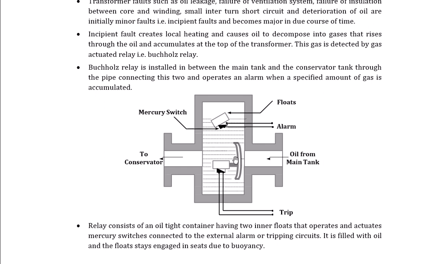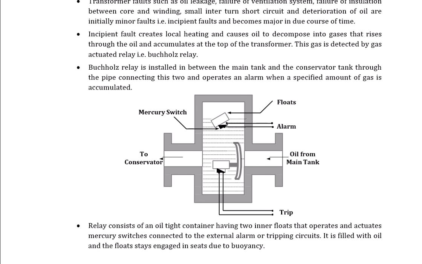It will create a bubble, and due to this the switch operates and gives the alarm signal. And if the alarm is not sufficient, then in that condition this relay creates a trip signal.